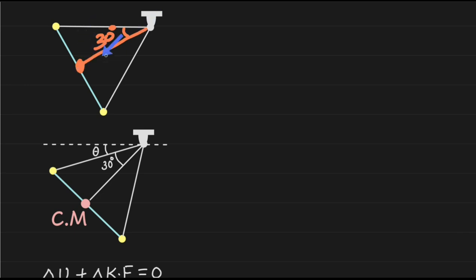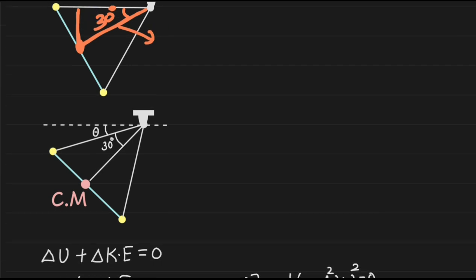So, this distance here is L, and this distance will be L cos 30, that is L root 3 by 2, and the vertical height will be L cos 30 into sin 30. This was the initial position. For the final position, this length is again root 3 L by 2, and this height will be L root 3 by 2 into sin of (30 plus theta).